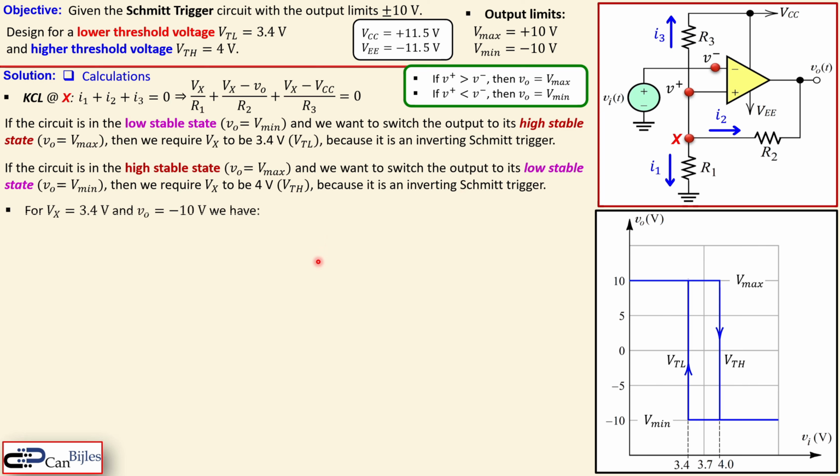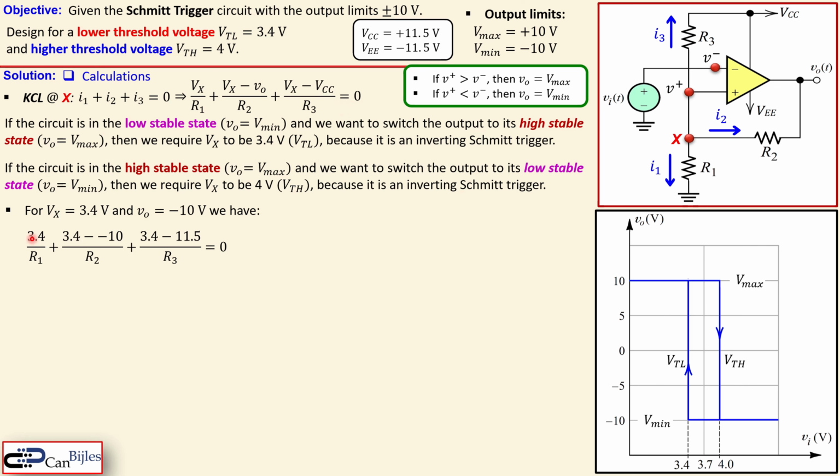Now, if I summarize these two conditions as a statement, I can say for Vx is 3.4 volts and I have a VO which is minus 10 volts, which is actually shown here. We have this equation, and using this equation I can now substitute here the values I have.